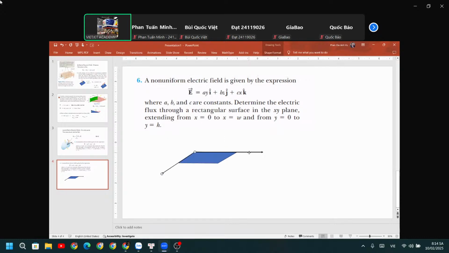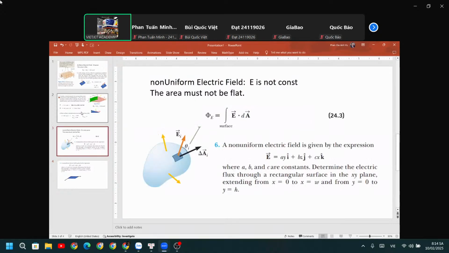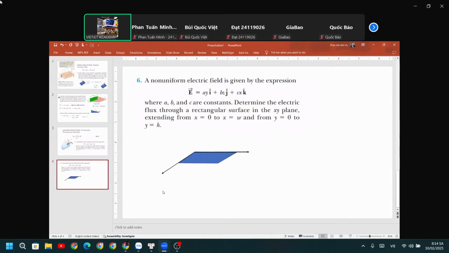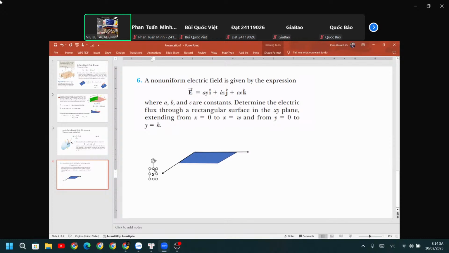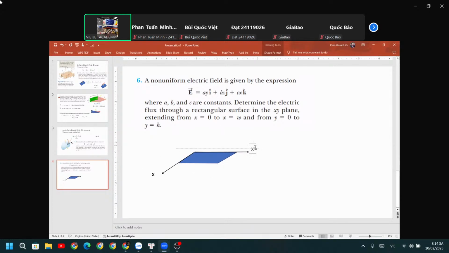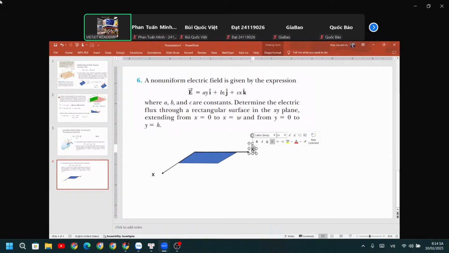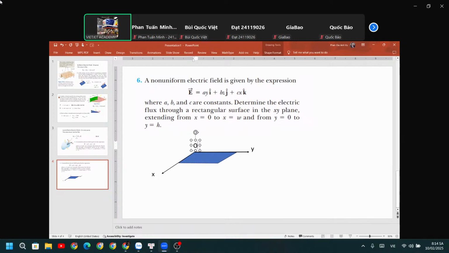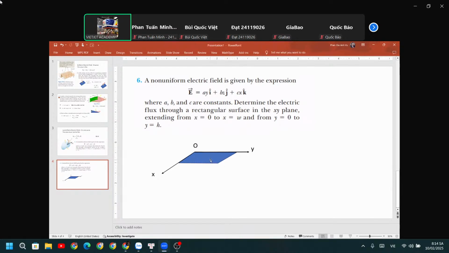Yeah, you see, we have the XY coordinate system like that. I have to copy the text box. This is the X axis. This is the Y axis. Okay, the origin always here. Okay, we have the surface.